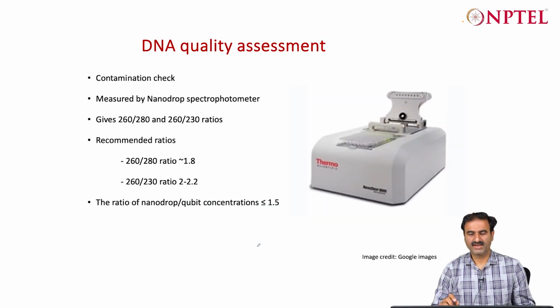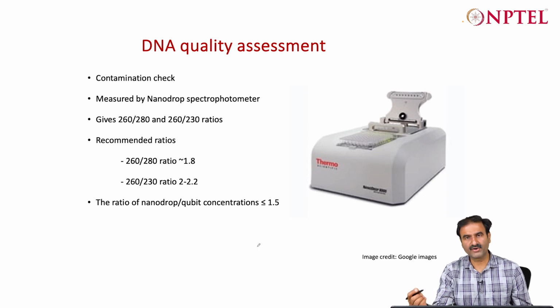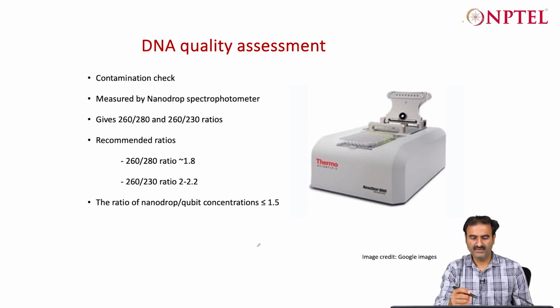The quality is assessed mainly by the NanoDrop spectrophotometer, where the recommended ratio of 260/280 is about 1.8, and 260/230 is 2 to 2.2.